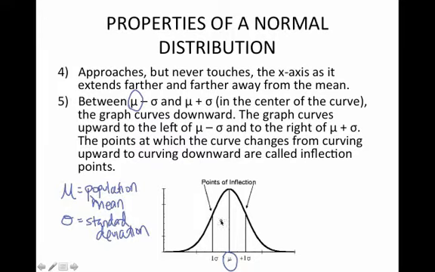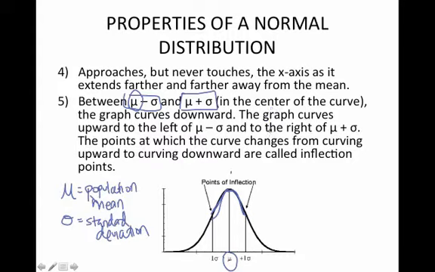And so what this means right here is the mean minus a standard deviation, and then the mean plus a standard deviation. So if you take the mean of the data and you subtract one standard deviation from the mean and you add one standard deviation to the mean, that would be in the center of the curve, and you will notice that the graph curves downward between these values, or in this interval.